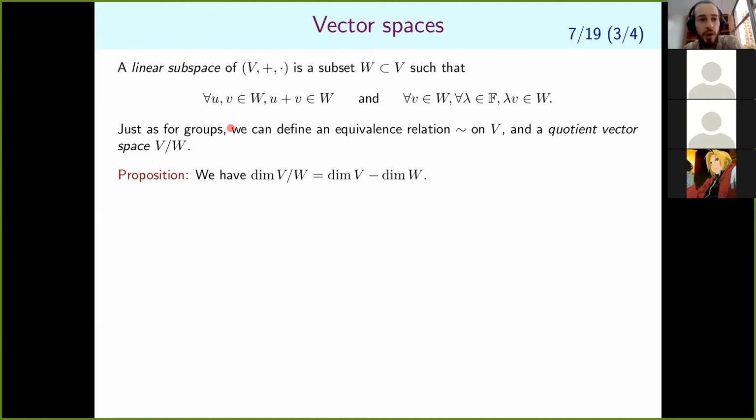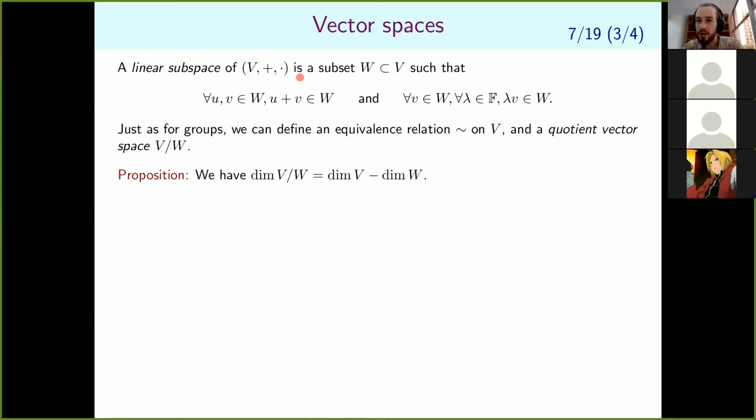First, just as for groups, the sum of two elements of W is an element of W, and the product between any element of W and any scalar, any coefficient in the field, is still an element of W. We can show that if we have such a linear subspace, then the operations of the vector space V can be restricted to the subset W. So W can be seen as a vector space on its own.